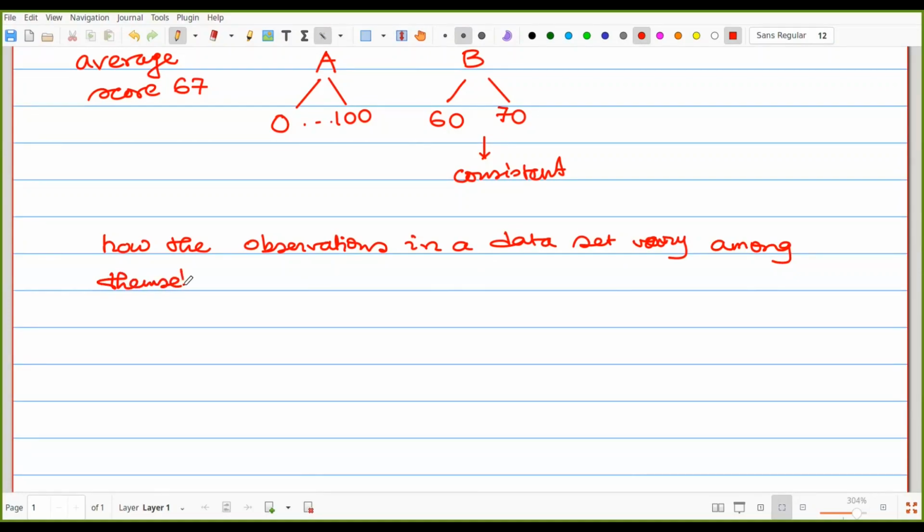When we are thinking about the measures of central tendency, we are thinking about the central position.